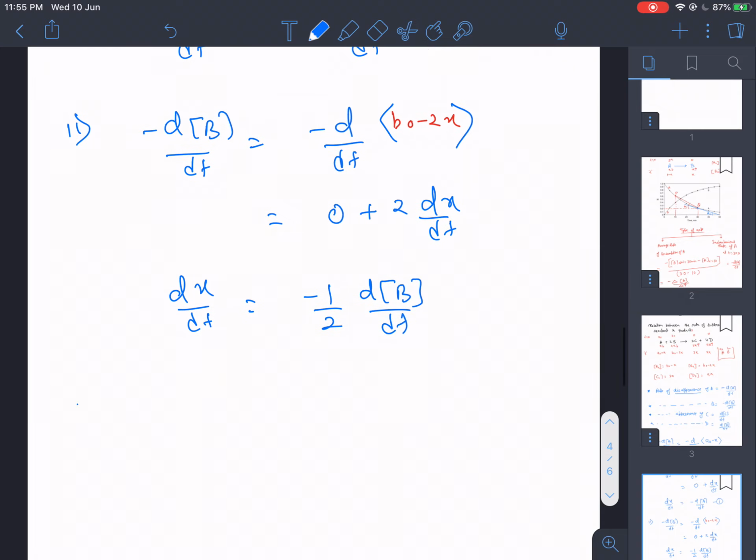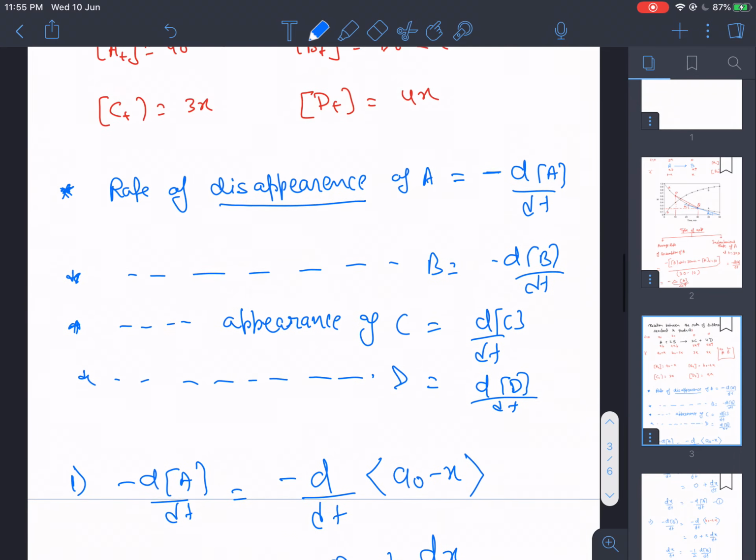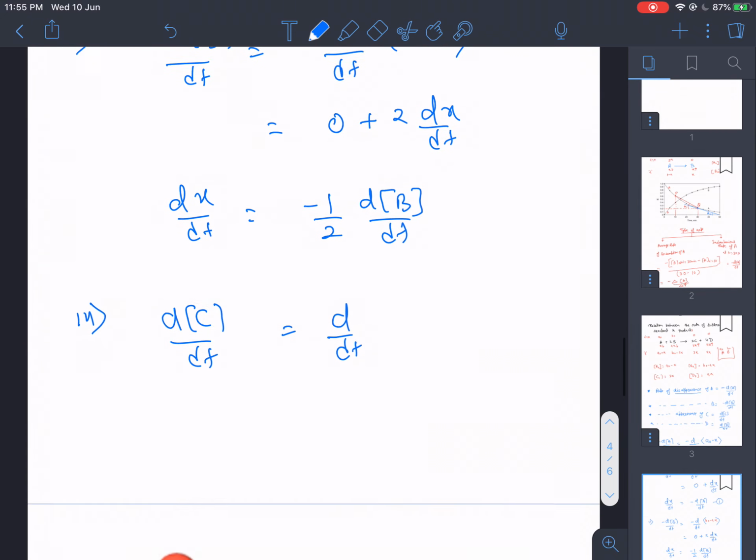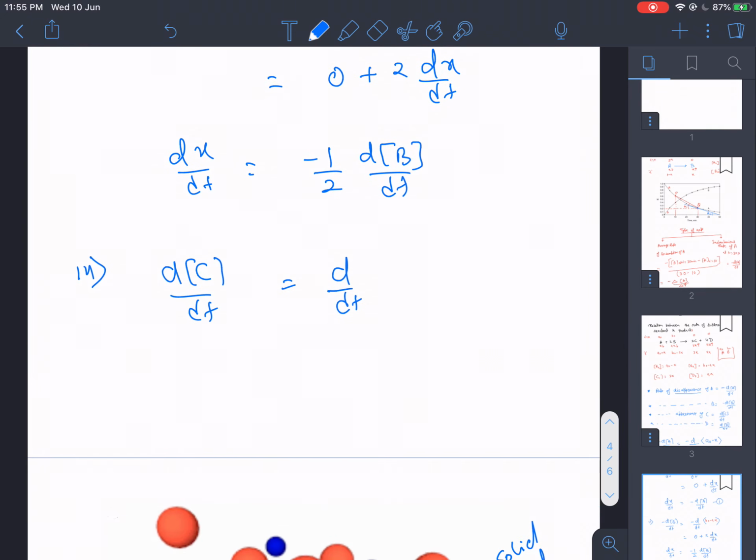Similarly, guys, you solve for the third one, that means dC by dt at general time t. Can you see that this is nothing but d by dt of, can you see what the value was? It was 3x. So I can write d by dt of 3x. What will be the value? 3 times dx by dt.